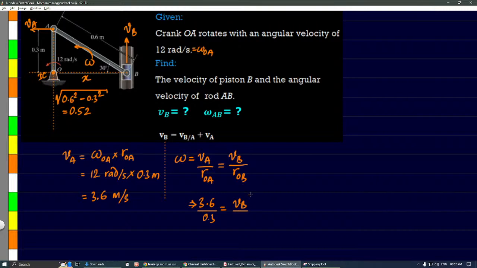So this value we have to use here. 0.52. Now find VB.